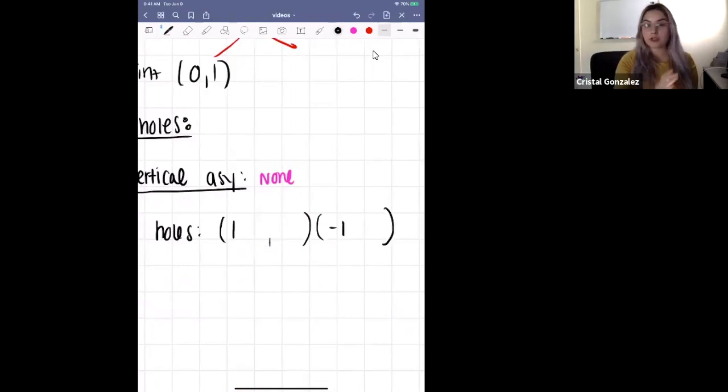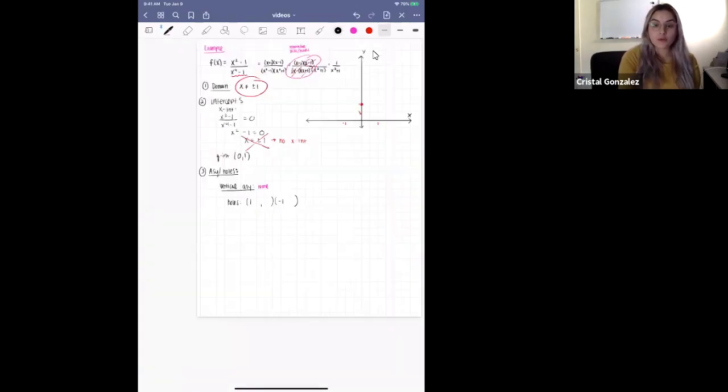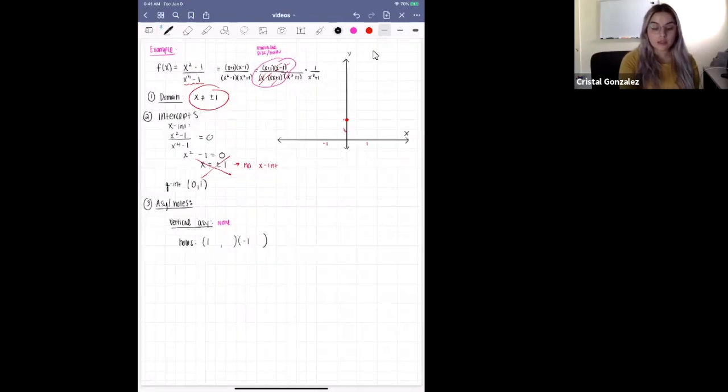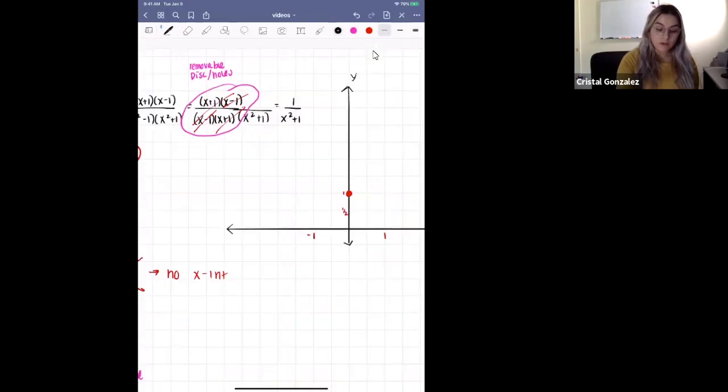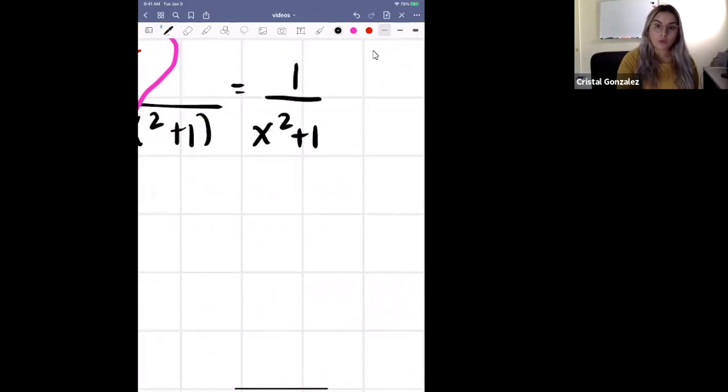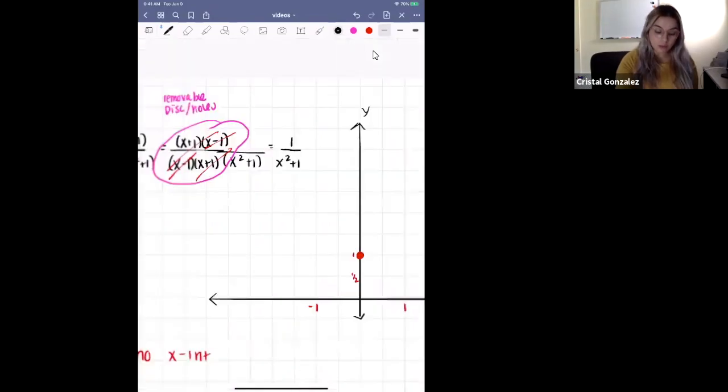We know for sure that's going to happen because they canceled out. They're removable discontinuities. So now what we want to do is plug in 1 into the simplified version, and that's going to tell us the point where that hole actually is. So if you plug in 1 into this function here, you'll get 1 over 1 squared plus 1, which is positive 1/2.